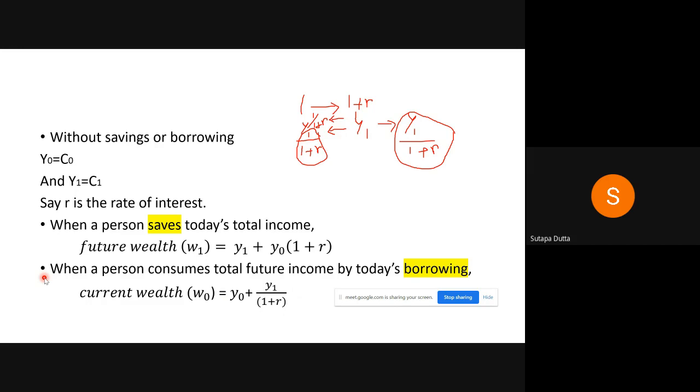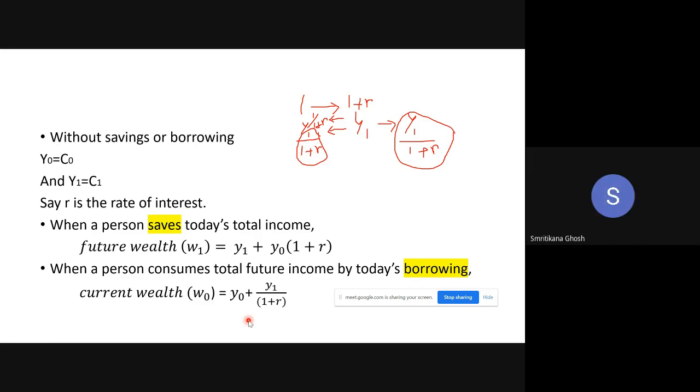Yes. Y0 plus Y1 by 1 plus r is the maximum current wealth the consumer can get today. Okay, ma'am.